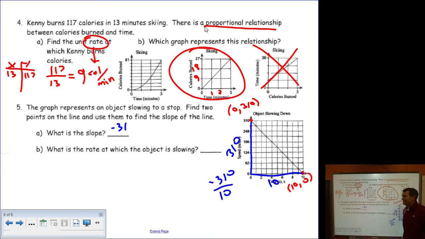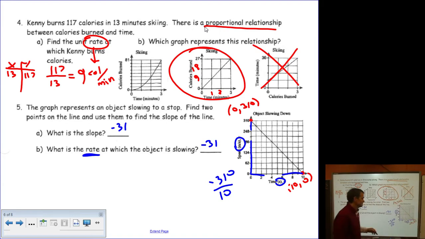And what is the rate? Well, the rate is the same as the slope, so it's going to be negative 31. But I need units, and these are really interesting units. The units here are meters per second, and the units down here are seconds.